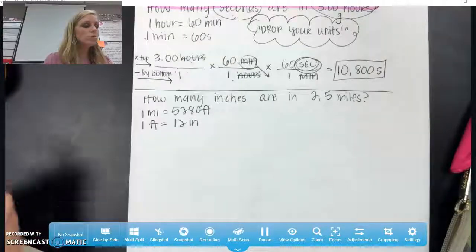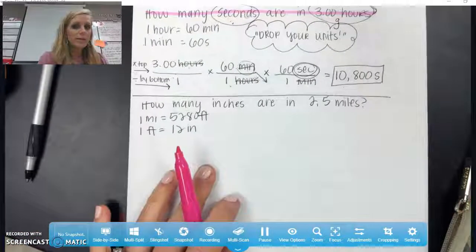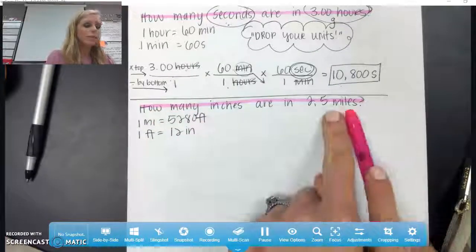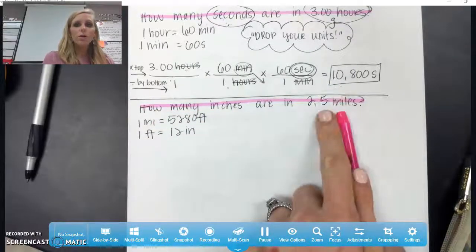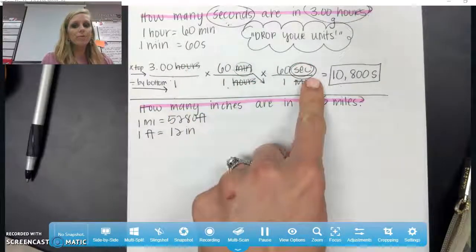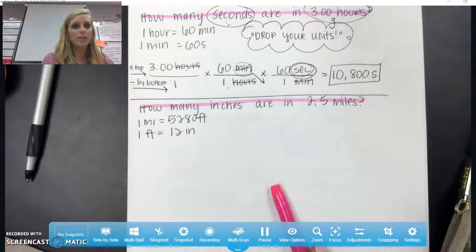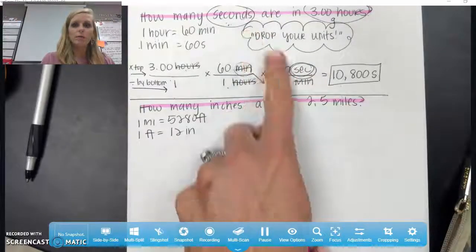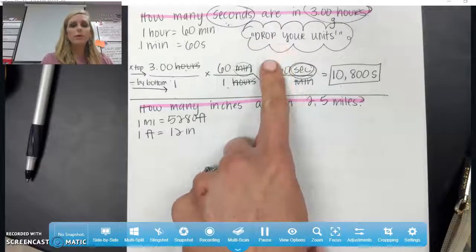So you try that. Remember what we did. We circled what we wanted, and we circled what we were given. We took what we were given and put it over 1. And then we worked our way through canceling out our units by dropping them to the denominator until we got to what we wanted. Drop your units.